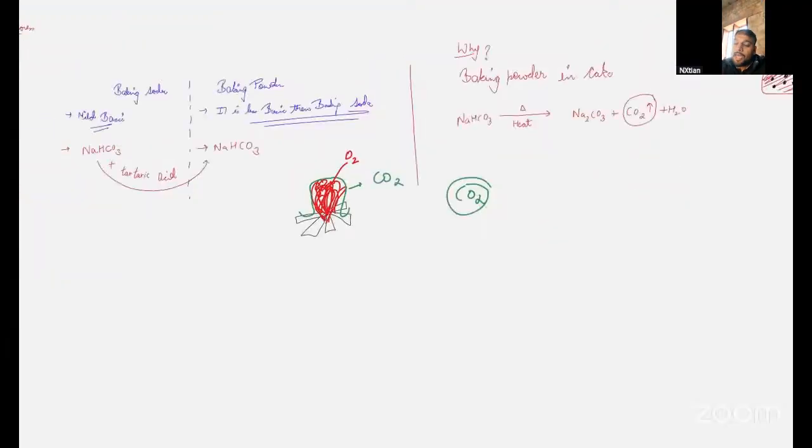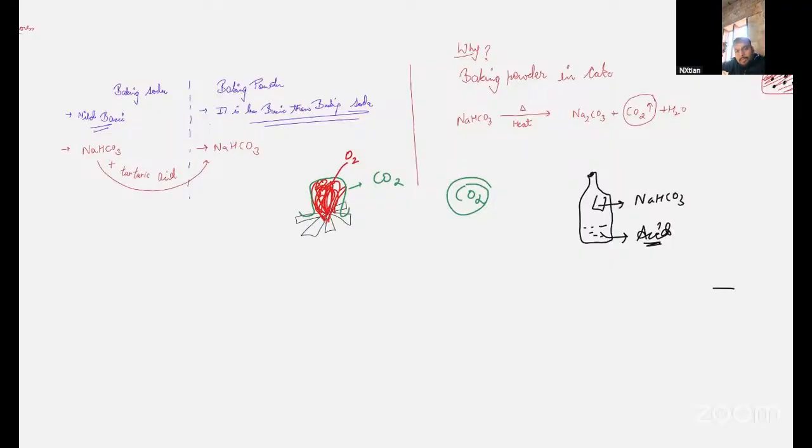Now, what is a soda acid extinguisher? In the bottle of soda acid, for example, this is the soda acid bottle. In this, we have acid inside it, and there is a salt called NaHCO3 that we just learned.